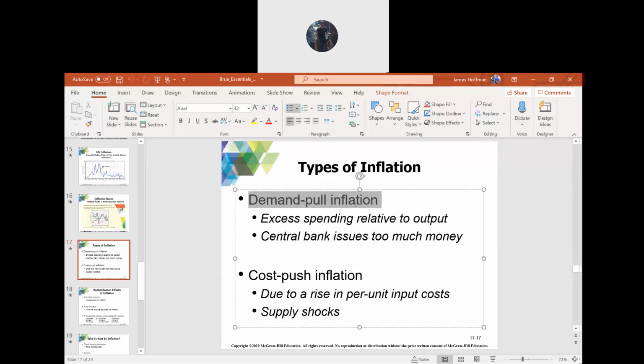So like you can think of some examples of, especially early on in the year when demand consumers were bidding up the price of some goods and services.